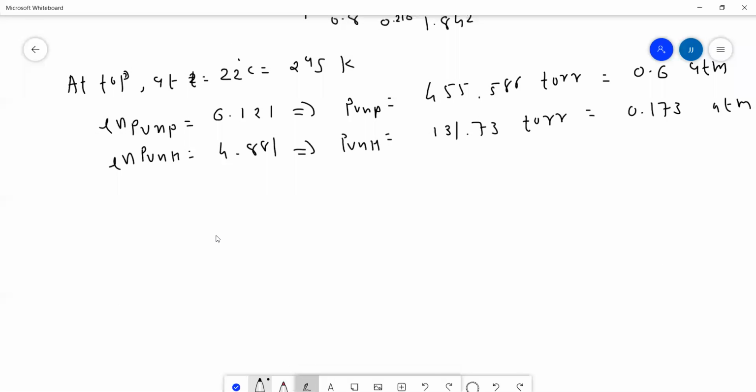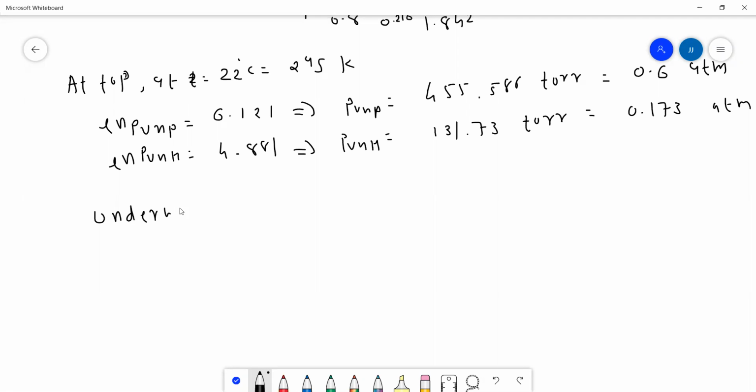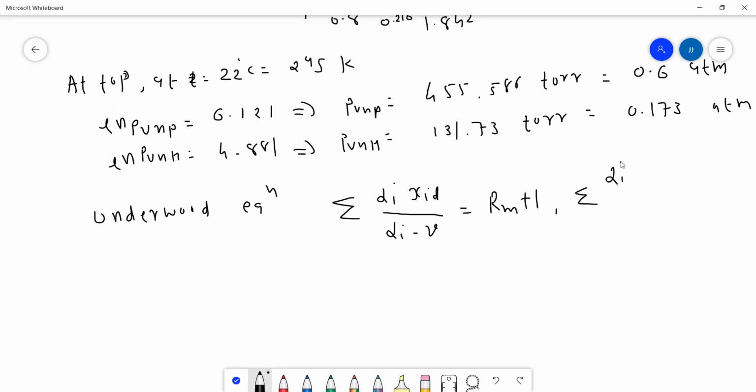Now using the Underwood equation: summation of alpha i into x_iD divided by alpha i minus theta is equal to Rm plus 1, and summation of alpha i into z_iF divided by alpha i minus theta is equal to 1 minus q.